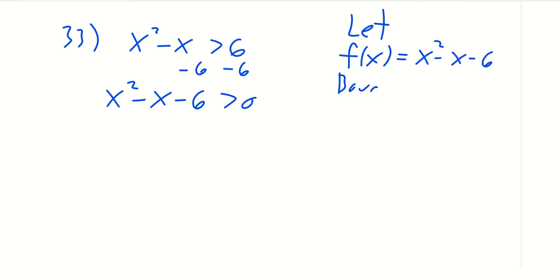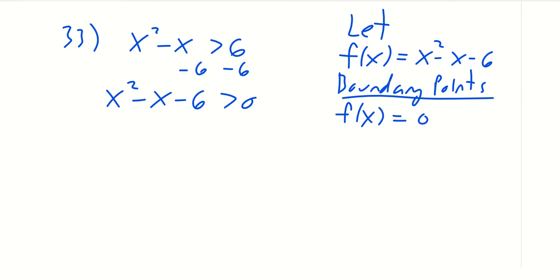We are now going to use f of x to find the boundary points. To do this, you set f of x equal to 0 and solve. So we want to know, where is x squared minus x minus 6 equal to 0?